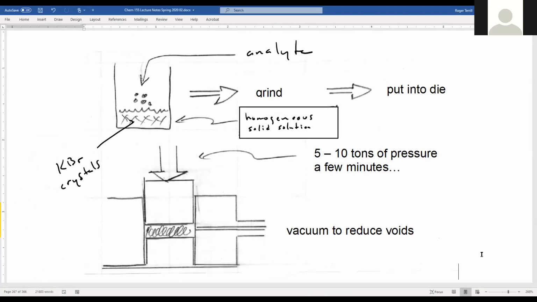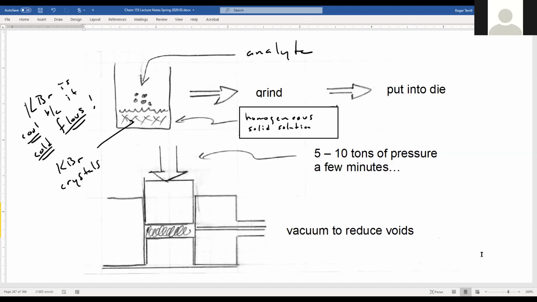So it's cool, right? Because if you put KBr crystals under a lot of pressure, they will flow.